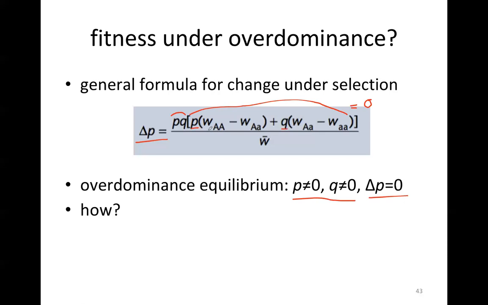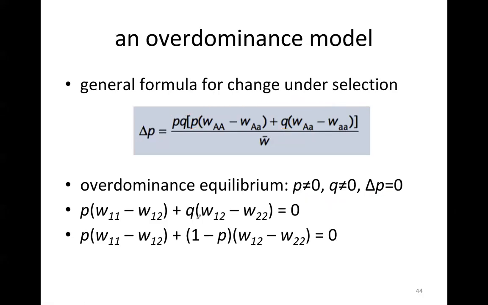If we can find the P value, the allele frequency at which this part of the equation is 0, then we have our equilibrium frequency value. So basically, just a repetition of what I said.